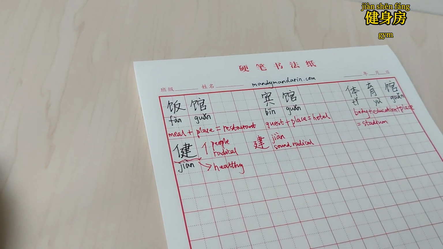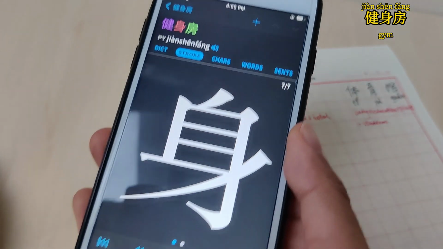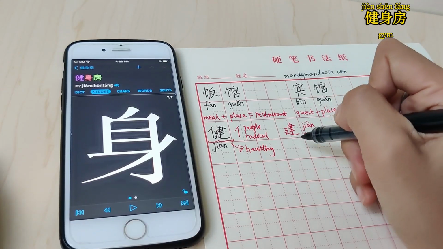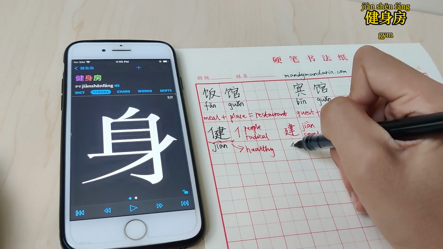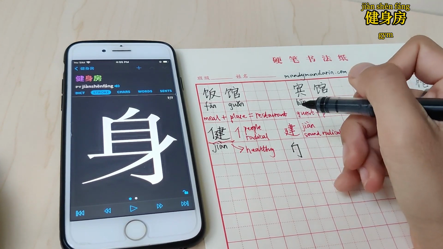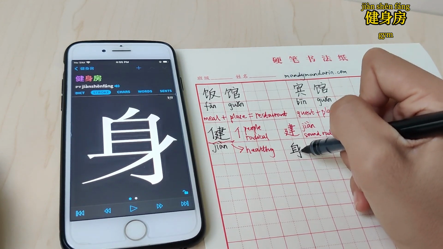Okay? And move on to the next word, which is 生. This is how we write the 生. We go 1, 2, 3, 4, 5, 6, 7.